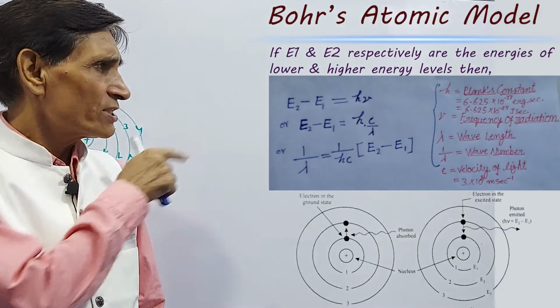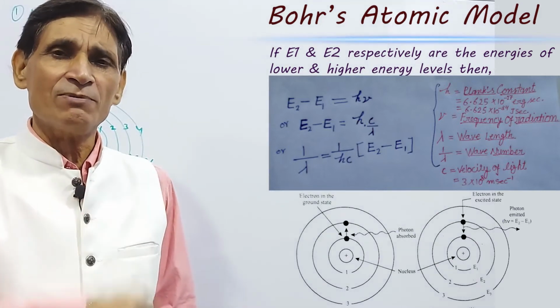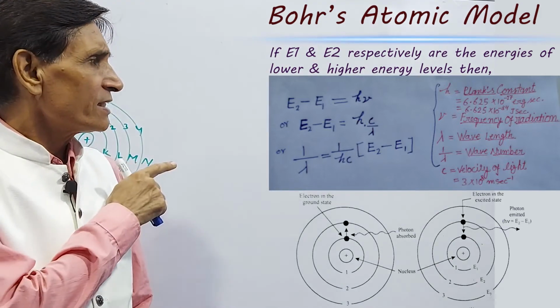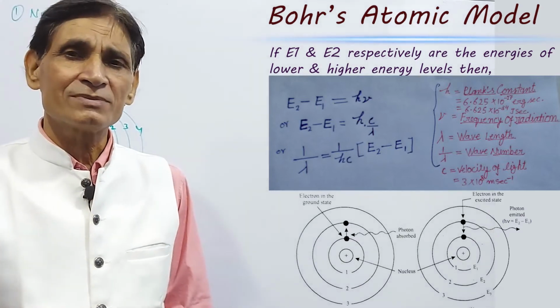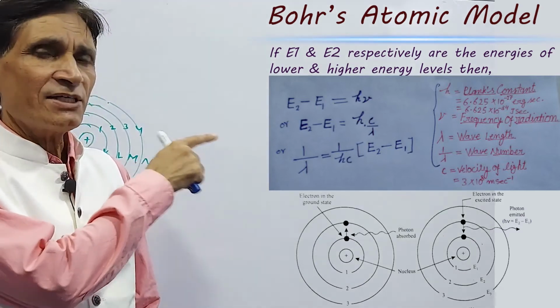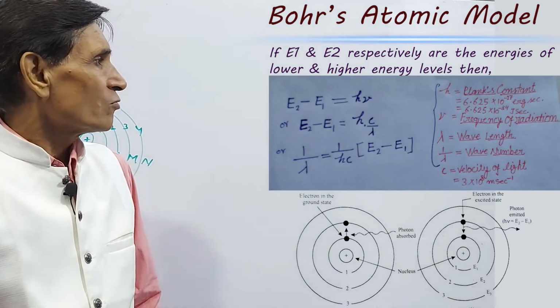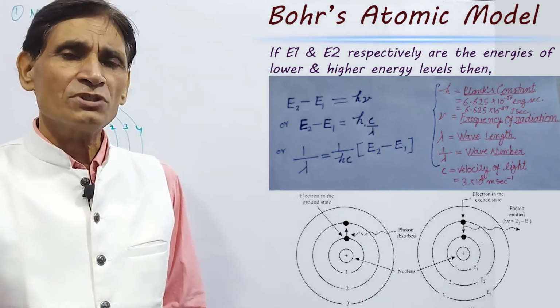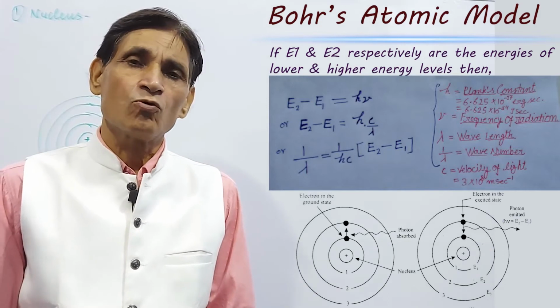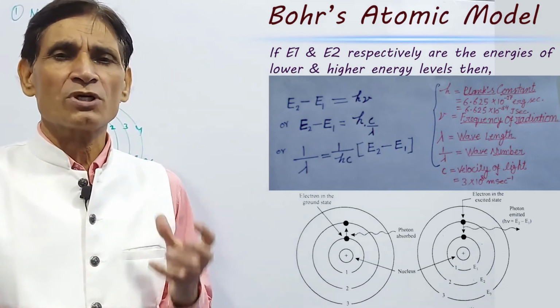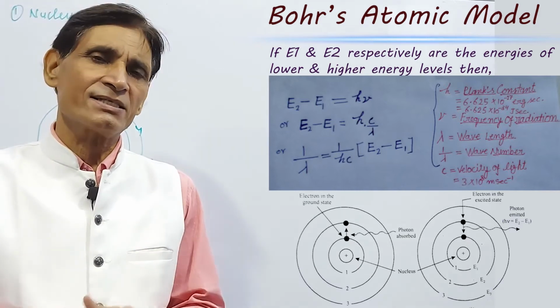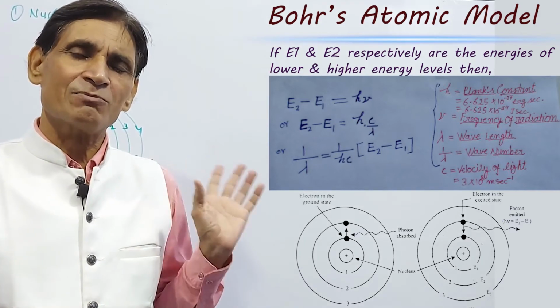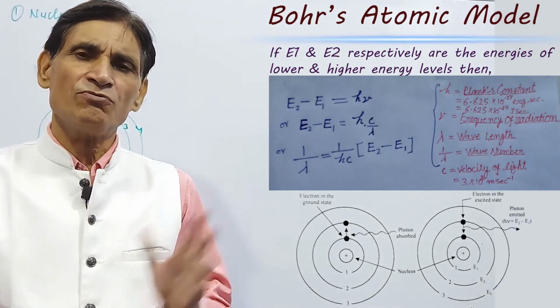Since nu equal to c by lambda, velocity by wavelength, then we can say hc by lambda equal to E2 minus E1, or 1 by lambda equal to 1 by hc into E2 minus E1. 1 by wavelength, reciprocal of wavelength, is called wave number. Frequency of radiation is expressed in the term of wave number.